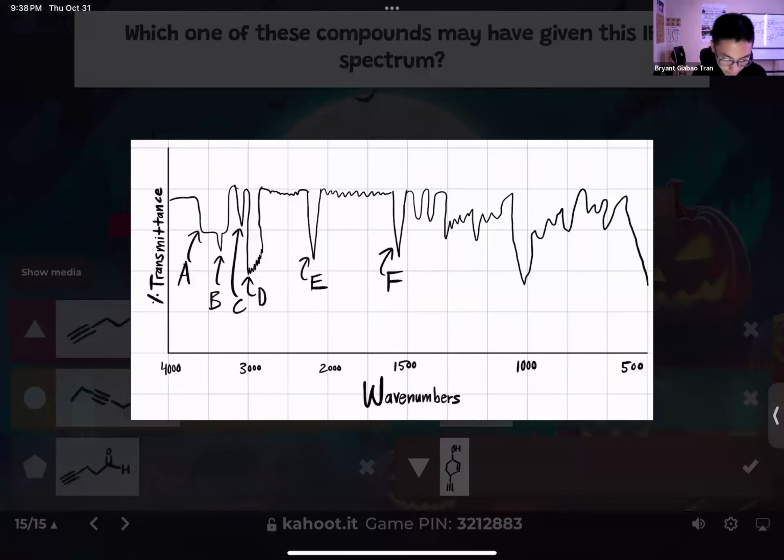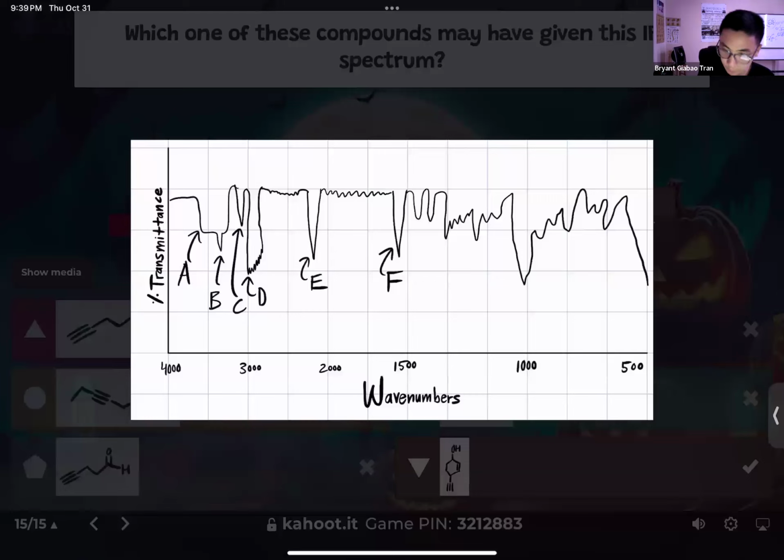Okay, so I'm going to type out the functional groups that we found. A is alcohol. B is sp carbon hydrogen, terminal alkyne. C is the sp2 carbon hydrogen, alkene.